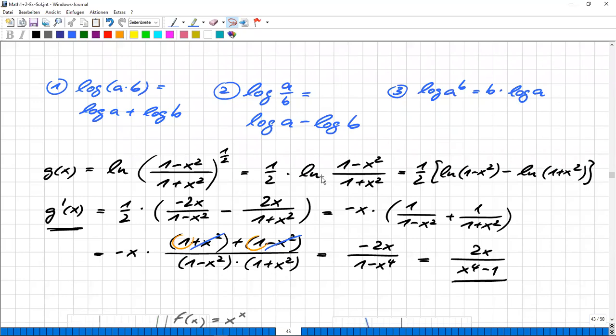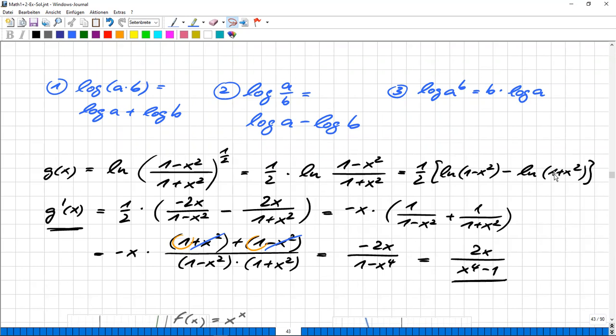And so we may even go a step further and say that the ln of this fraction equals the ln of the numerator minus the ln of the denominator. So that's a simplification of terms in 2 steps, where I get 1/2 times, now in brackets, ln of parentheses 1 minus x squared minus ln of parentheses 1 plus x squared.